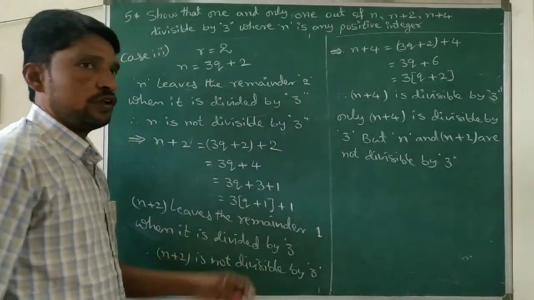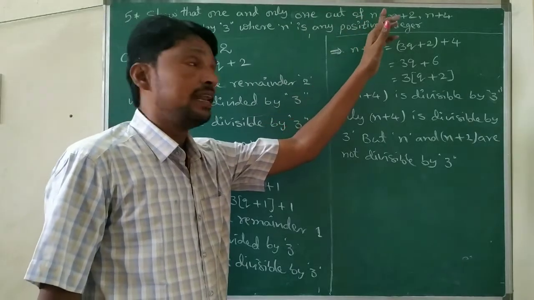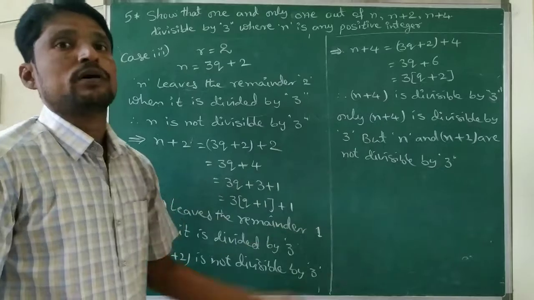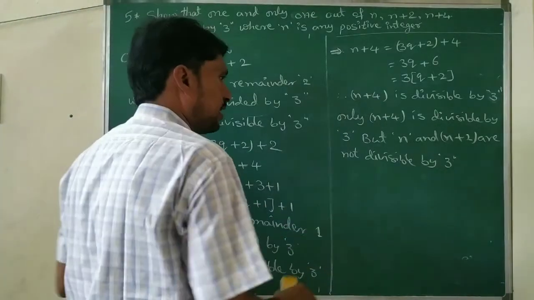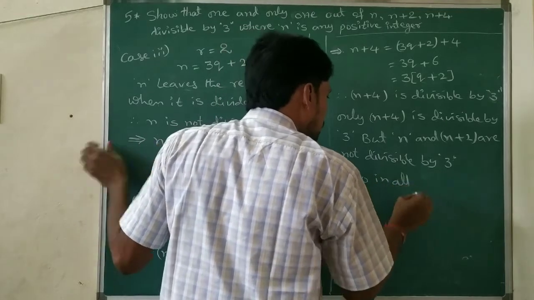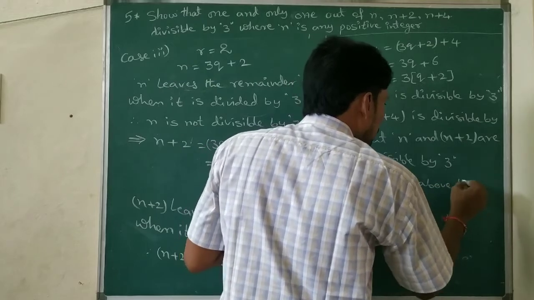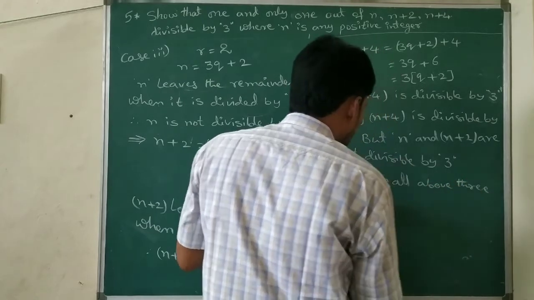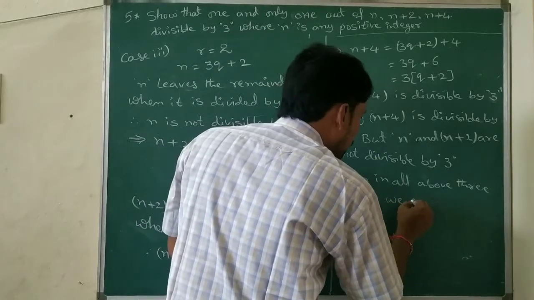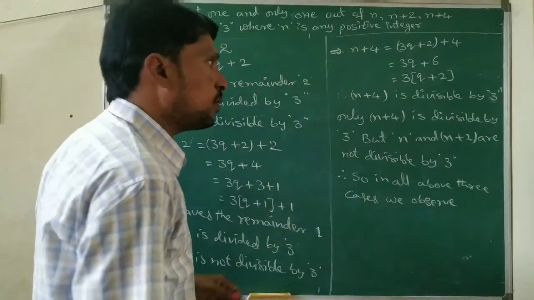So the total conclusion also we need to write. What they asked here: one and only one out of n, n plus 2, n plus 4 is divisible by 3. So this conclusion we can write. Therefore, in all three cases, all the above three cases, we observe that any one is divisible by 3.